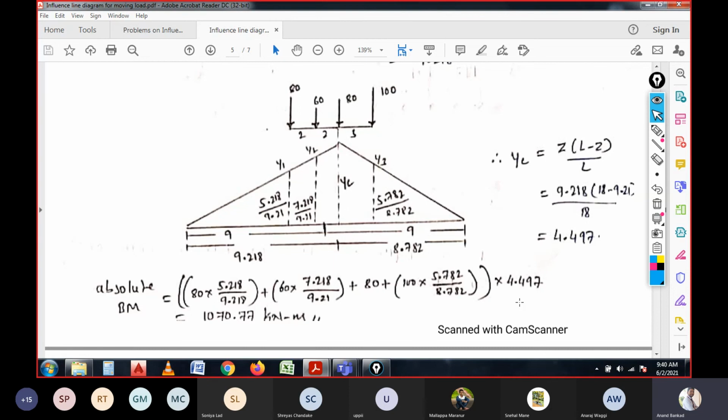For all the sections, we have multiplied 4.497 as a total load. So once we multiply, we will get the total absolute bending moment on the section as 1070.77 kilonewton meters. And this is how we need to calculate the absolute bending moment and maximum shear force on the given span.